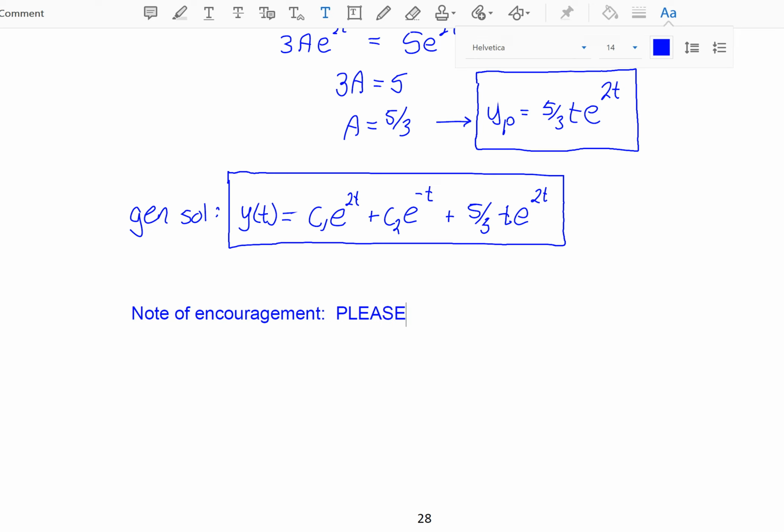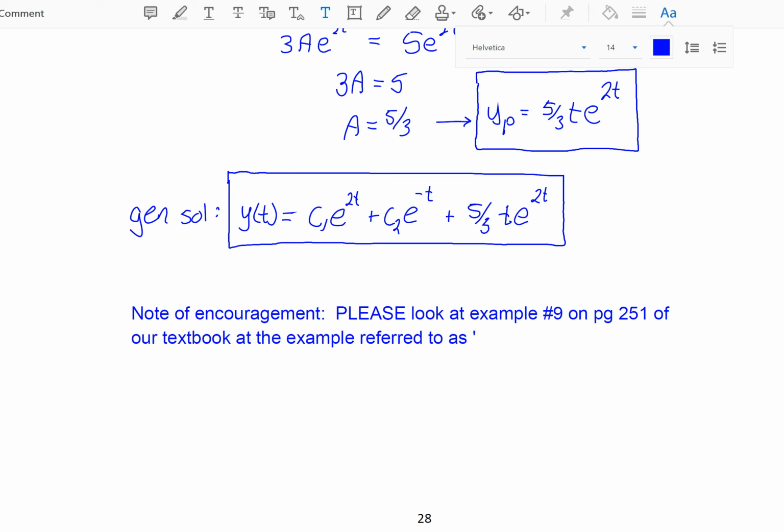Please, I'm emphasizing in capitals here, look at example number 9 on page 251 of our textbook. The example referred to as the serpent bites twice.